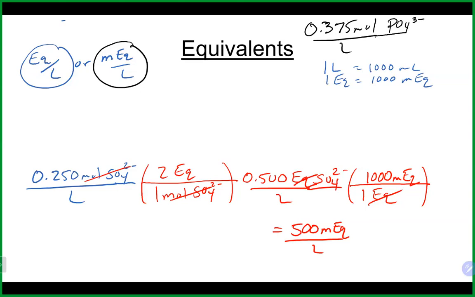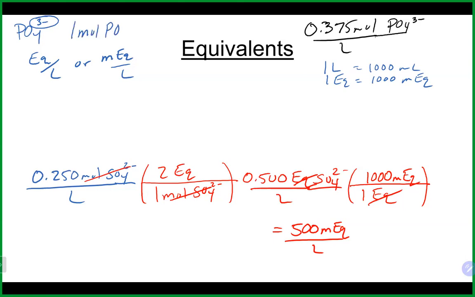Take a moment, figure out what the concentration would be in equivalents. Starting with the phosphate, which is our ion here, this is what's going to give us our conversion. And it is, again, just the number that's on the charge. And 1 mole of phosphate, again, it doesn't matter if it's positive or negative, it's just the number. It would give us 3 equivalents in this case.